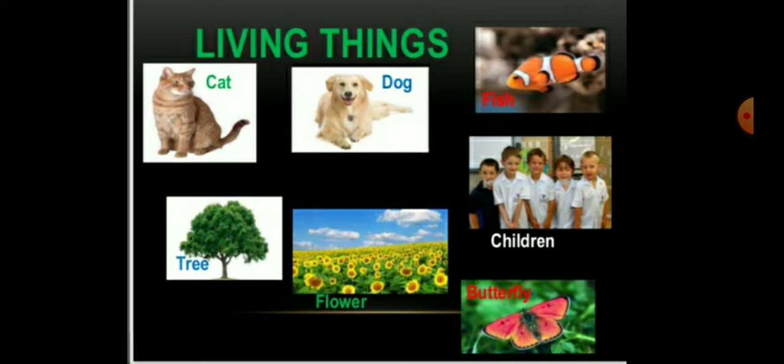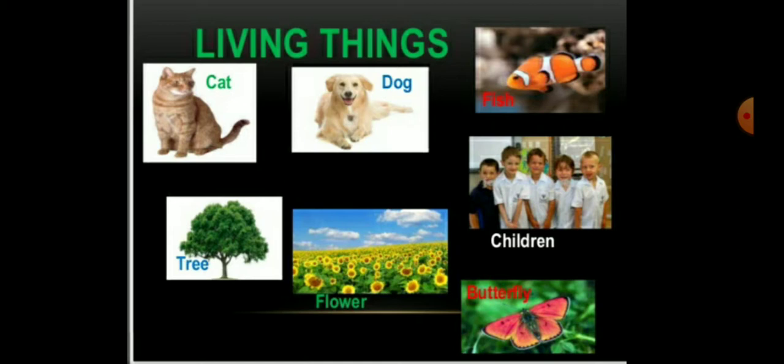So children, these all are living things like cat, dog, tree, flower, butterfly, children, fish, all are living organisms. So what is the common feature between living organisms and non-living things?